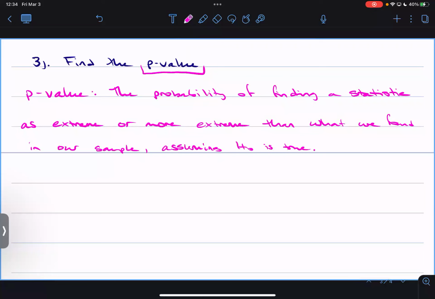Okay. So there's that assumption that H naught is true coming back into play, right? But that's what we use to calculate Z, so it's not that strange. Okay.